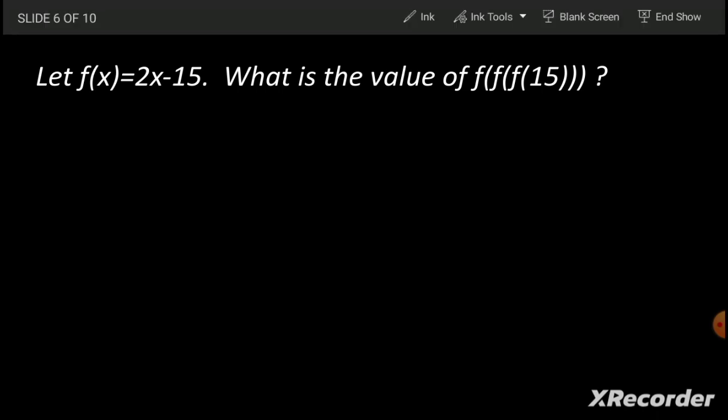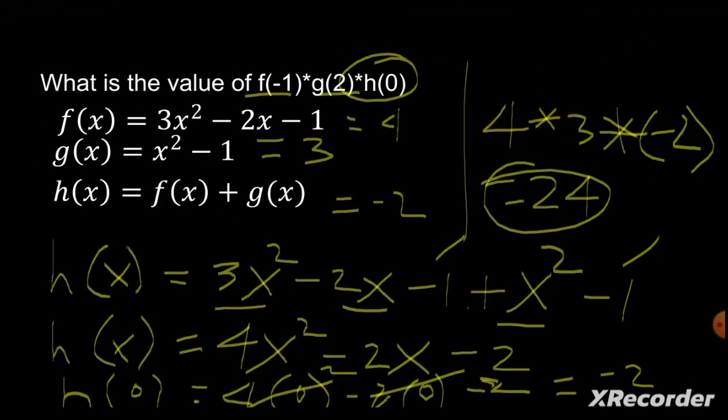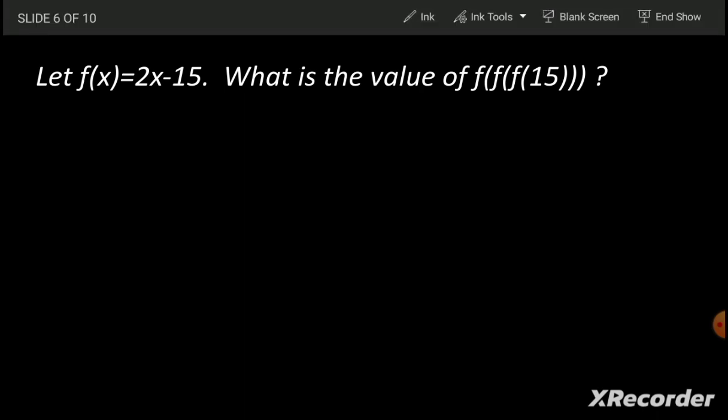So as you notice, there are multiple functions before we could arrive at f of 15. So first we have to evaluate the innermost value, which is this one, f of 15.